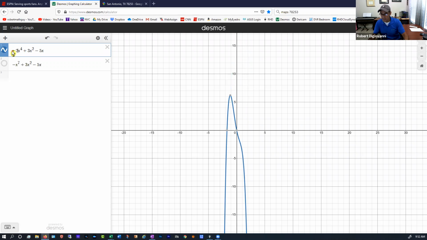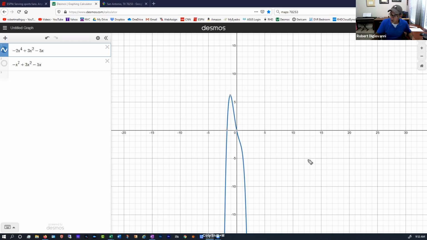But now the left side goes down and the right side goes down instead of up and up. Okay? So if you're going to take anything away from this, here's what you want to take away. All polynomials that have an odd degree look about the same. All polynomials that have an even degree look about the same. The only difference is what happens on the left and right. Okay, and that a negative in front changes things.